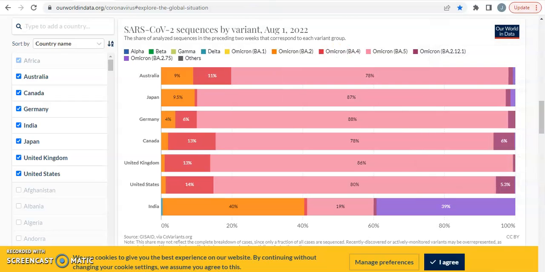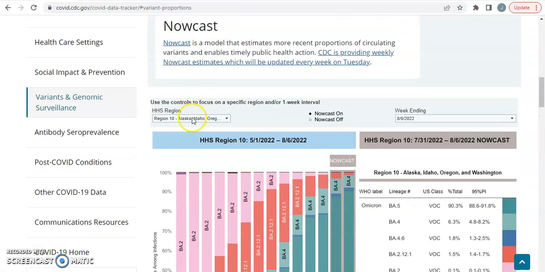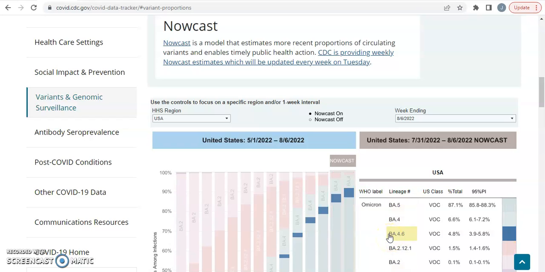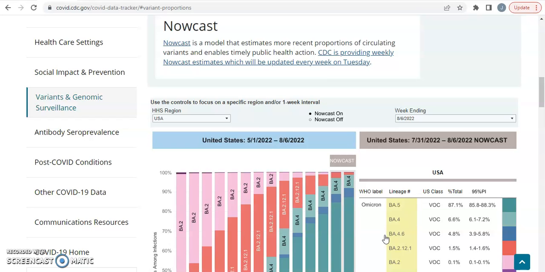But first, coming back here to the United States again, I think our next wave of concern before that is right here, the BA.4.6 variant. I don't know how high it's going to get in percentage before it eventually gets overtaken by 2.75, but I think it's going to allow for infections to remain at an elevated level here in the United States.